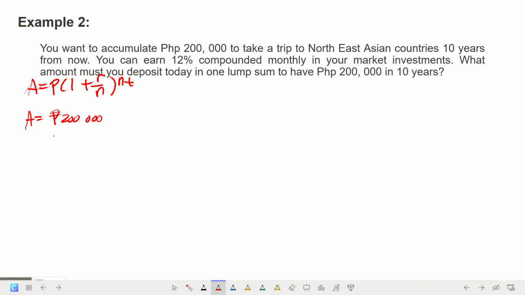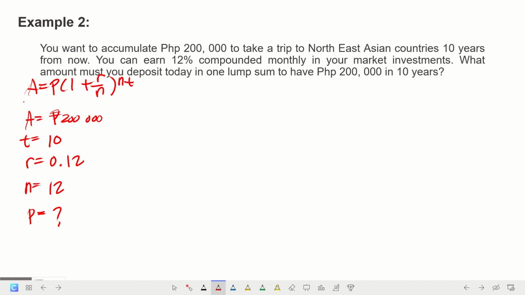And then, our time interval is equal to 10 years. And we also have here the rate, which is 12% or 0.12 and compounded monthly. So, we know that N is equal to 12. So, hindi natin alam yung value ng ating principal. So, unknown. So, therefore, we need to look for the value of the principal.